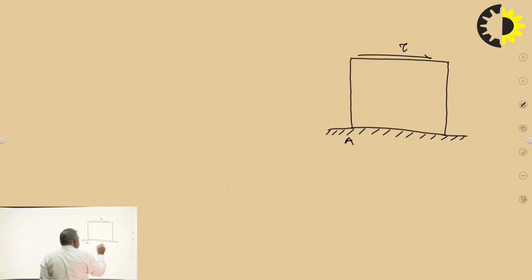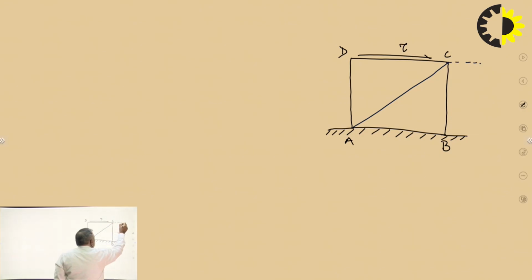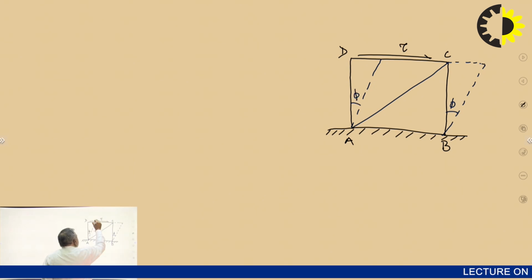I label the corners A, B, C, and D. AC is the diagonal. Under the effect, it may get distorted like this by an angle phi. Similarly here, it is phi. This is D prime, this is C prime.